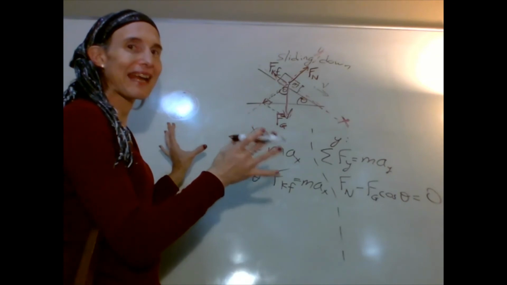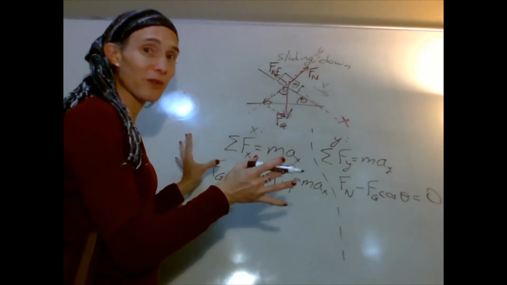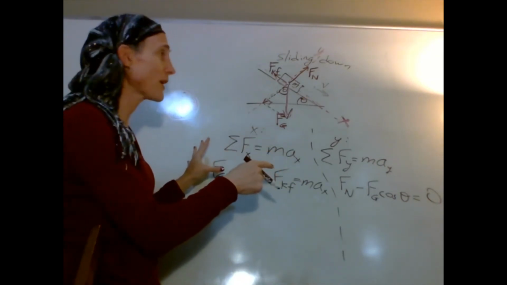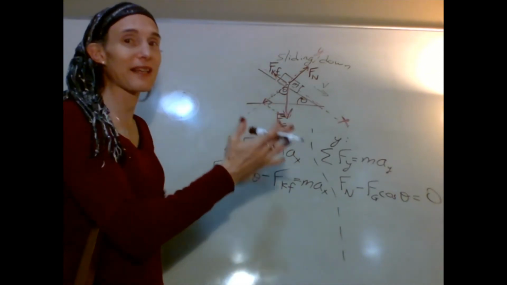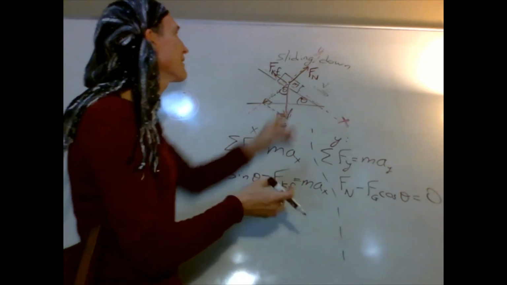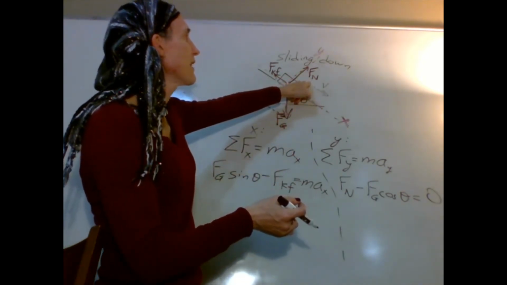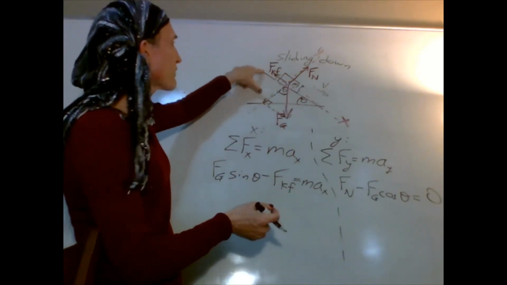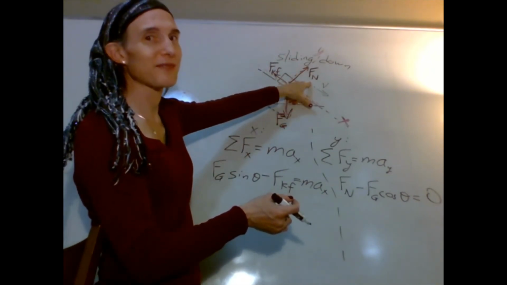Then we also need any other relationships that we might know between these forces, or between geometrical quantities, or whatever there might be in the problem. So for example, we also know that this frictional force is related to the normal force, right?